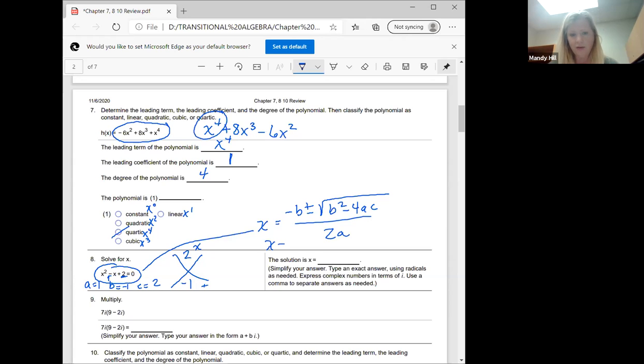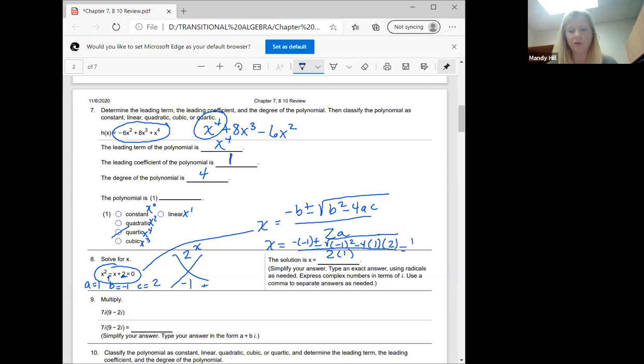So we would have a -1 because b is -1 plus or minus the square root of -1 squared minus 4 times 1 times c, and c ends up being 2, all over 2 times 1.